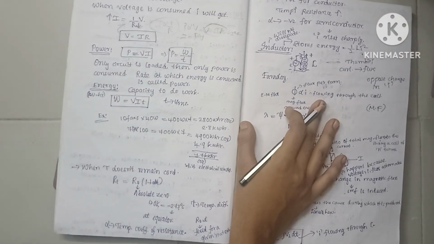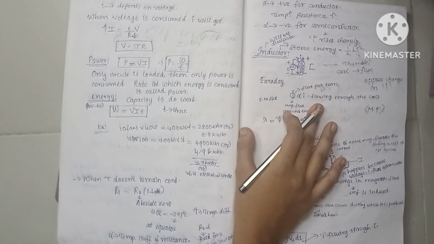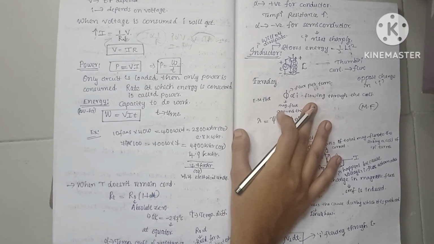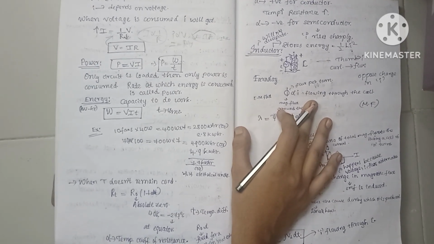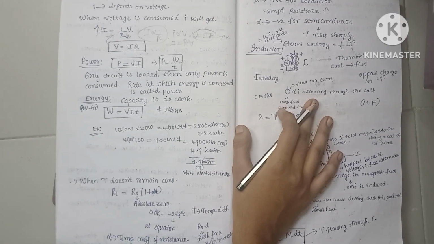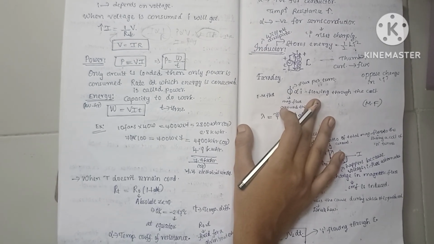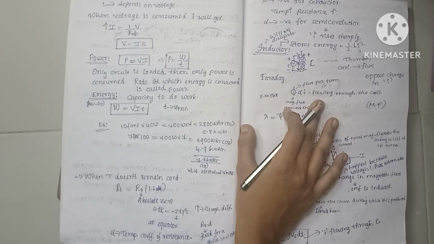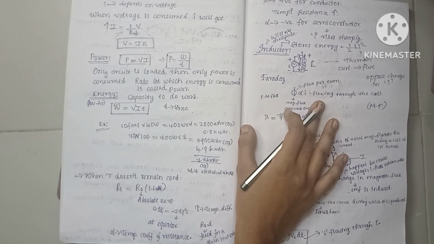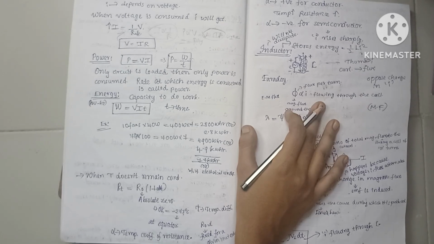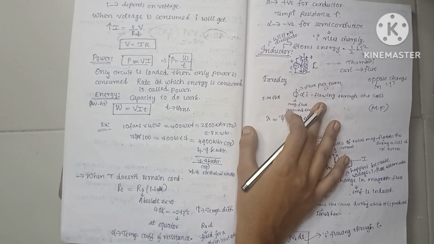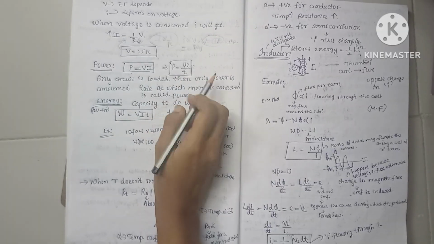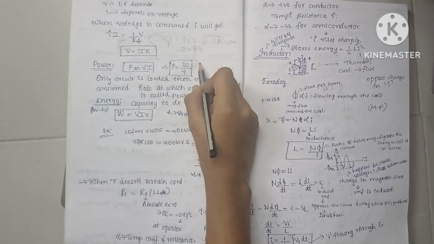And now coming to power, here you have to remember one thing, that only when the circuit is loaded, in that case only power is consumed, and the rate at which energy is consumed is said to be power. And here you have two formulas to remember, that is power is equal to voltage multiplied by current, and also power can be defined in terms of energy as power is equal to W by T. Here W is nothing but your energy.